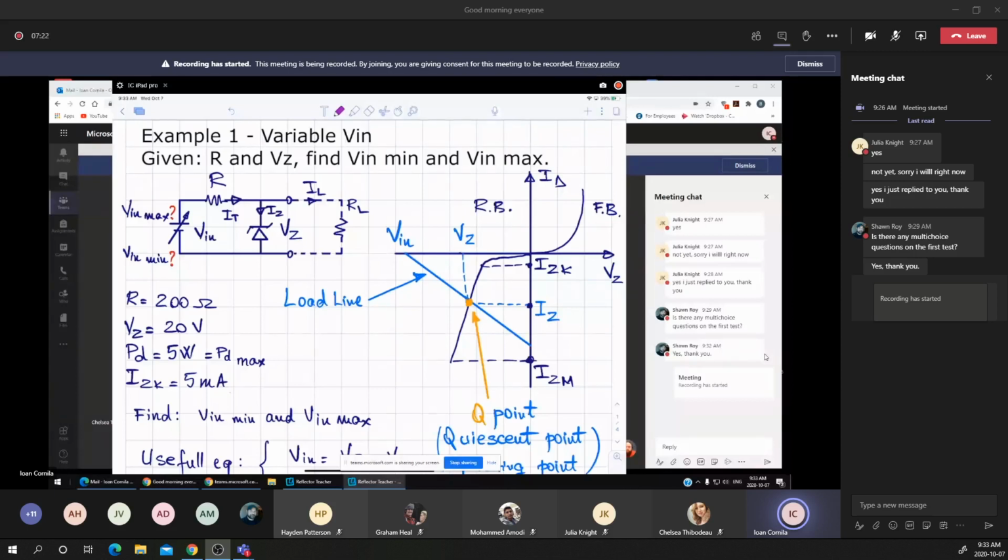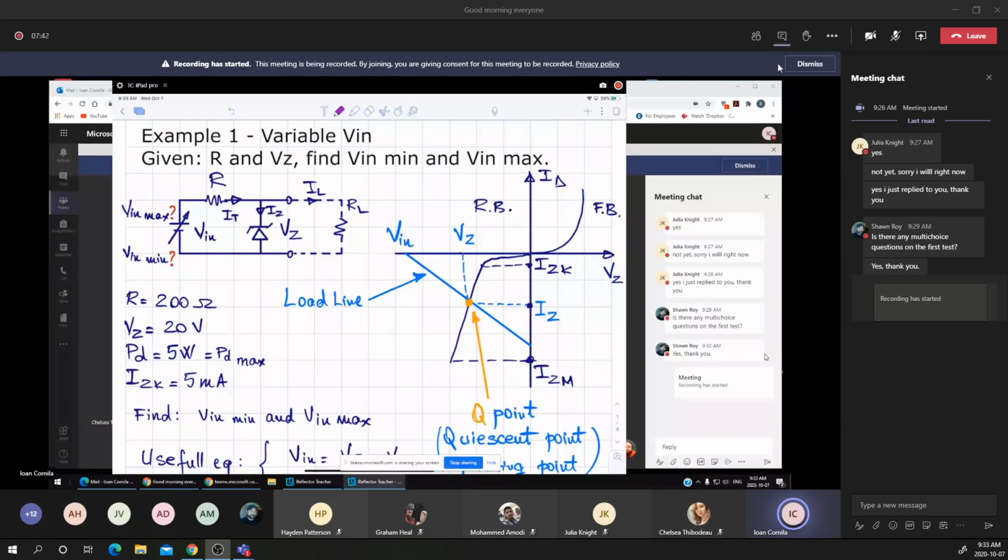Now to plot the characteristic, the IV or the VI, I prefer to say IV because it's the current as a function of the voltage. But in some other textbooks, you may see VI, which has the same meaning.